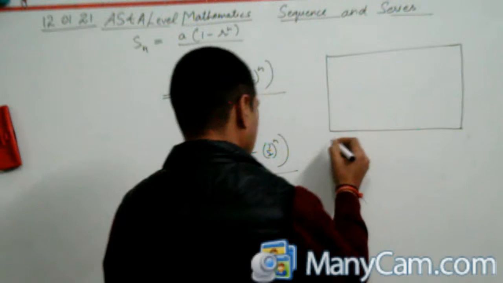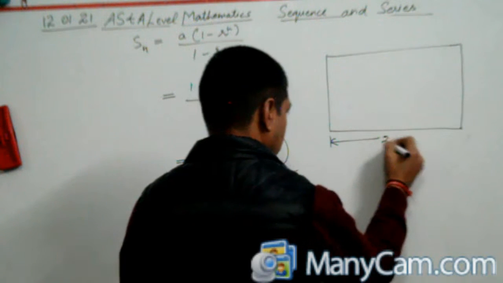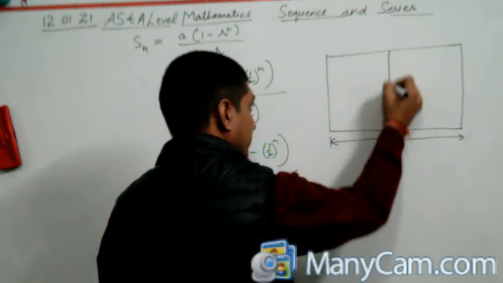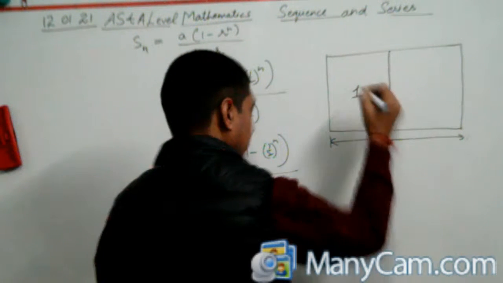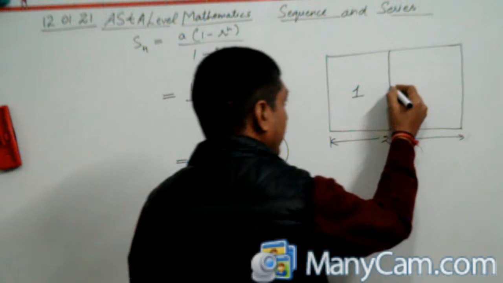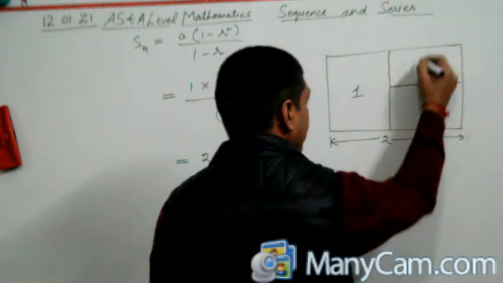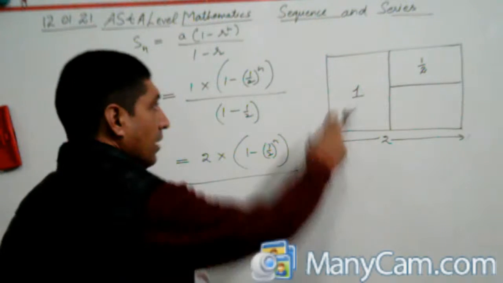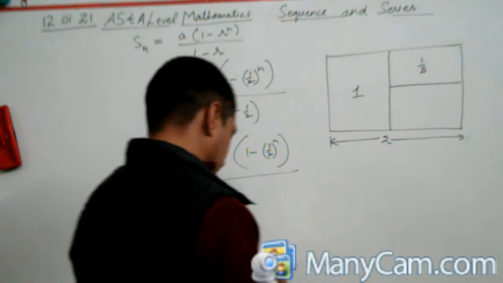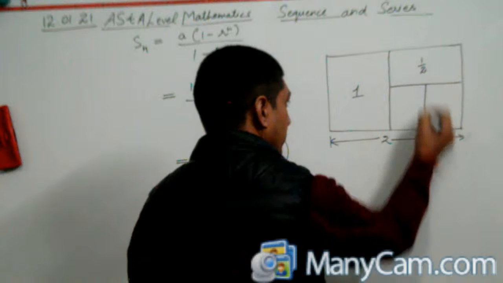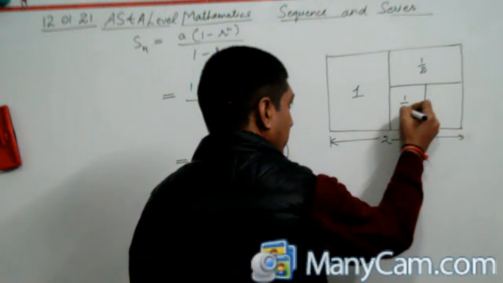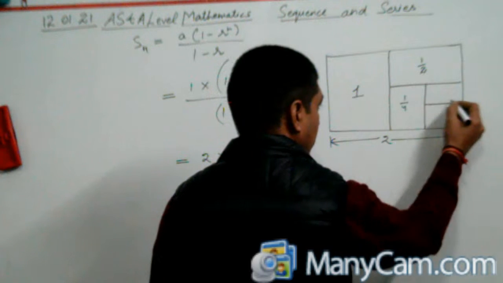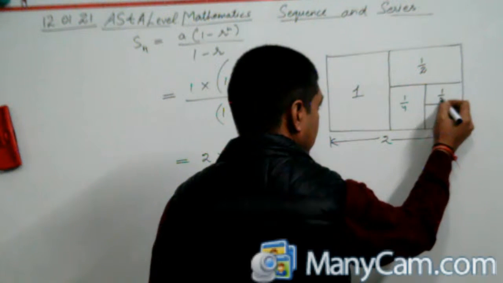This is here 2 units, right? So 1. This is 1. Then they are giving 1.5. Is 1. Then 1/4. This is the 1/4. Then 1/8.